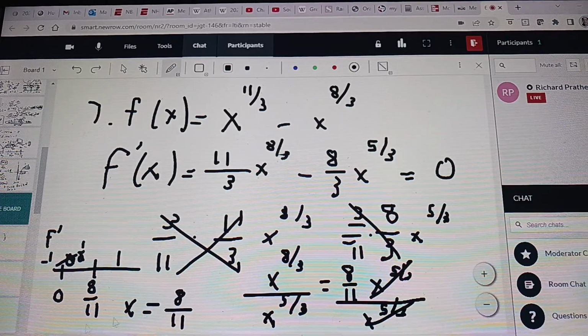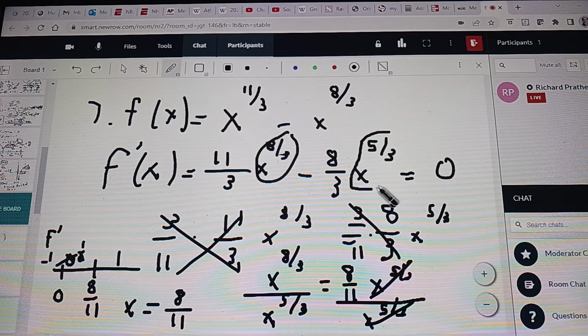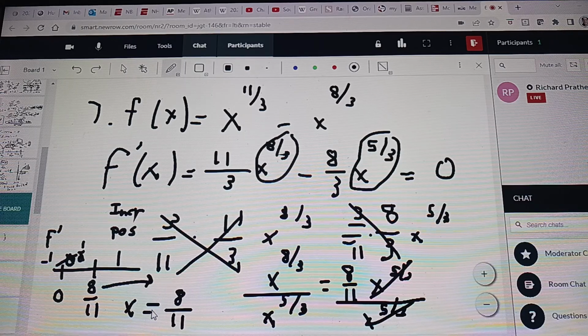So plugging 1 in is nice because these will just both equal 1. And you'll literally get 11/3 minus 8/3, which is 3/3, or 1. But more importantly, it's positive. So our graph should be increasing anytime we're larger than 8/11. Plugging in -1, cube roots of -1 are -1.